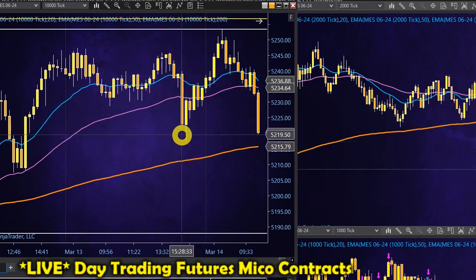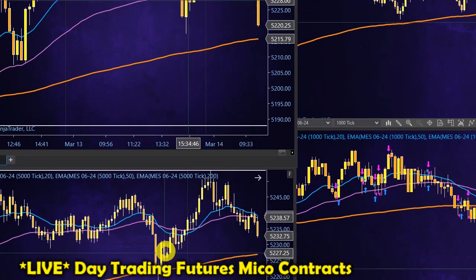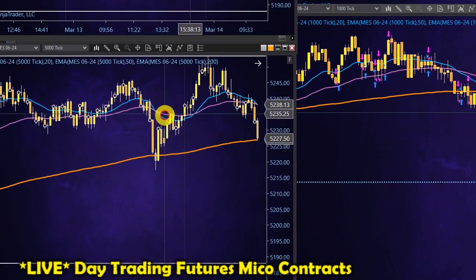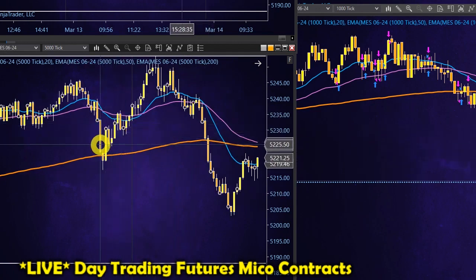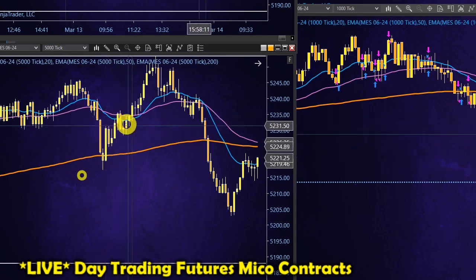It's also the maximum stress level, if you will, because once it dips down there, even on the 5,000 tick you've got a sell signal. This could easily bounce up to the moving averages here and roll back down.